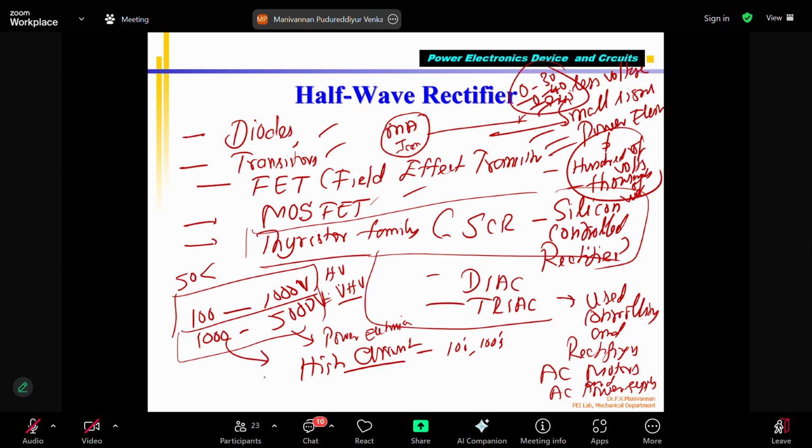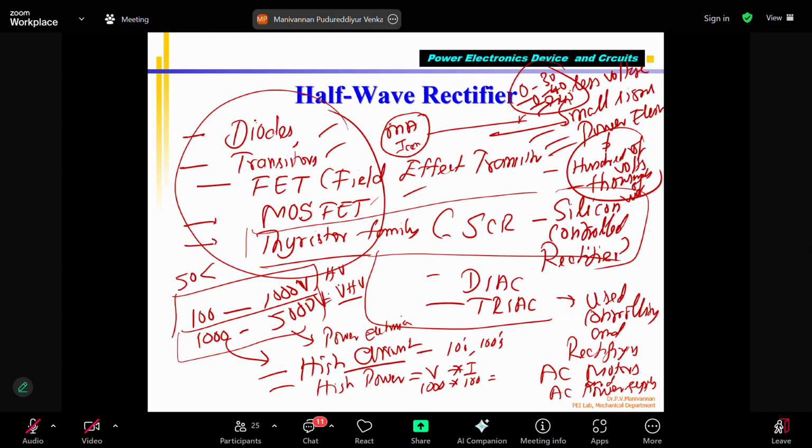So they handle high current and high power. Power is V into I. For example, 1000 volts into 100 amps of current, you can see how much power that is. Sometimes the same power can be handled by 2 or 3 power transistors connected in parallel. These are called power electronic devices, used for driving electric motors in hybrid and electric vehicles.